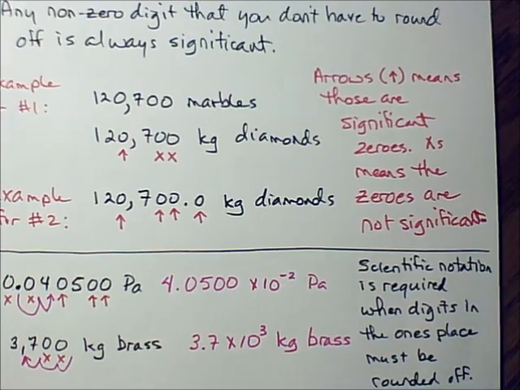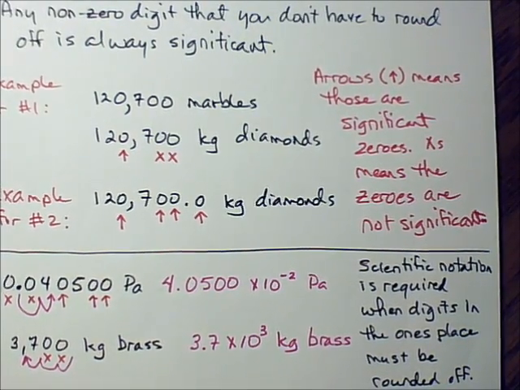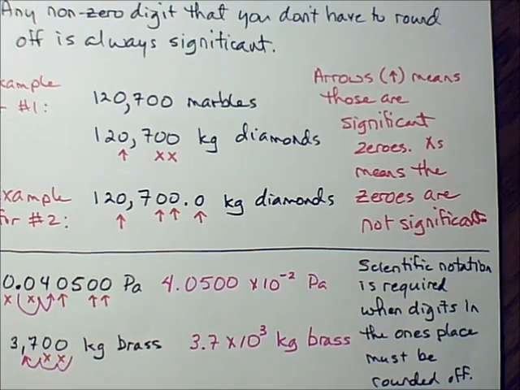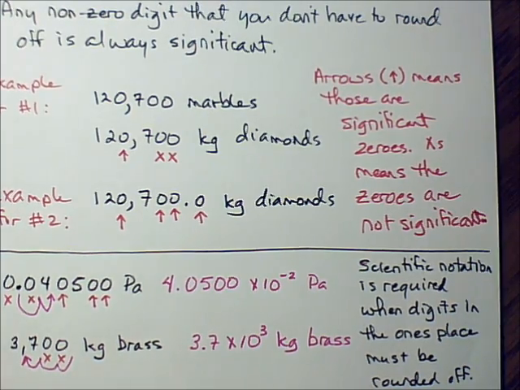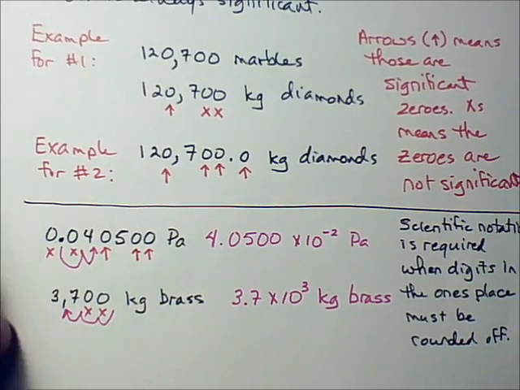Okay? Scientific notation is required when digits in the ones place must be rounded off. All right, so let's do one more example here with significant zeros to see if we can kind of sort out what's involved here, all right?